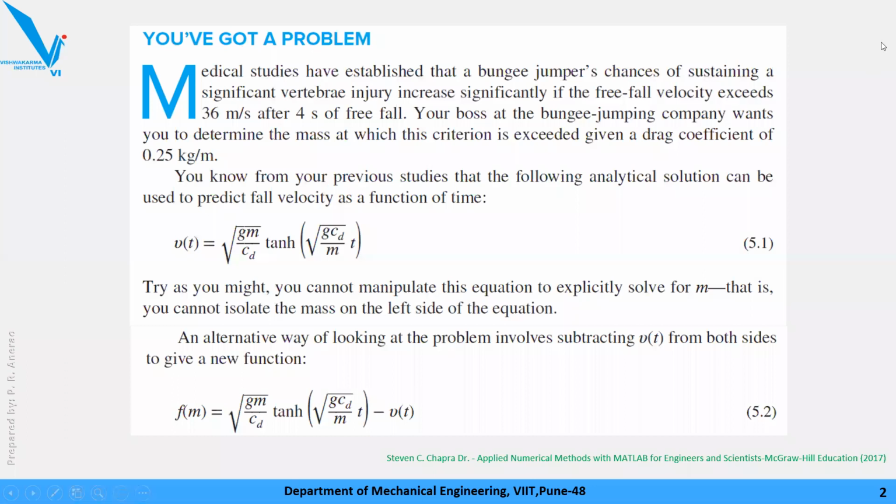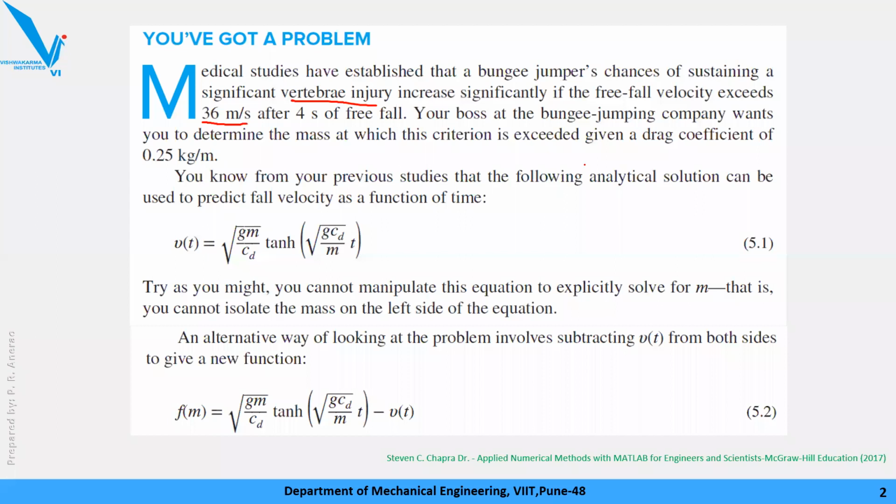You are employed in the design of a bungee jumping system, and some design criteria are given to you: to avoid injury to the spine of the jumper, the terminal velocity should not exceed 36 meters per second.